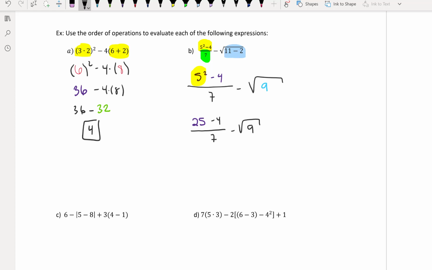Now when I simplify, I'm going to have 21 over 7 minus the square root of 9. And now I can simplify this a little bit further. 21 divided by 7 is 3. The square root of 9 is 3. So 3 minus 3 is going to give me 0. My final answer here is going to be 0. 3 minus 3 is equal to 0. Okay, well, I hope this is helping.